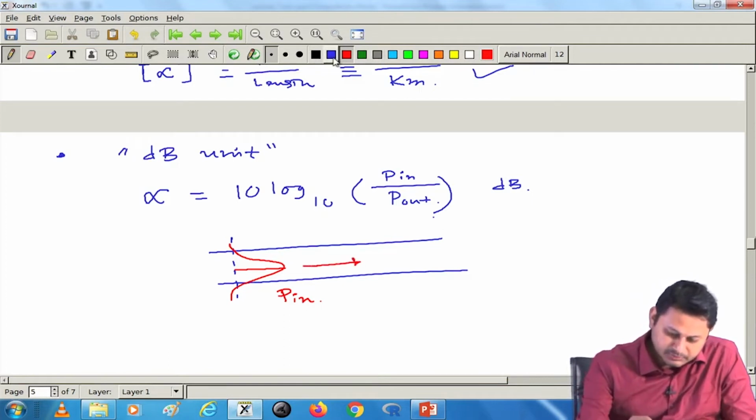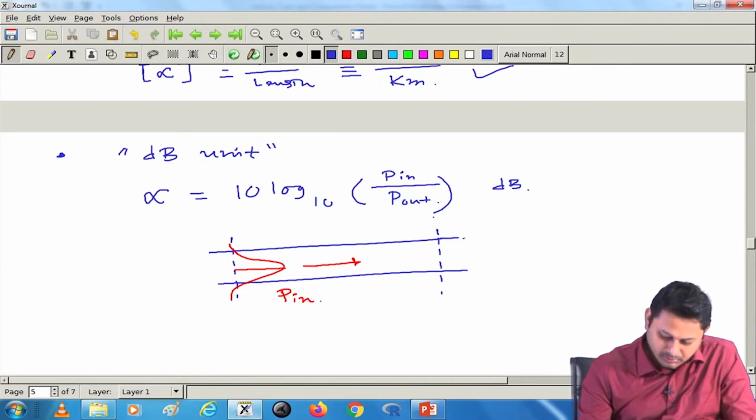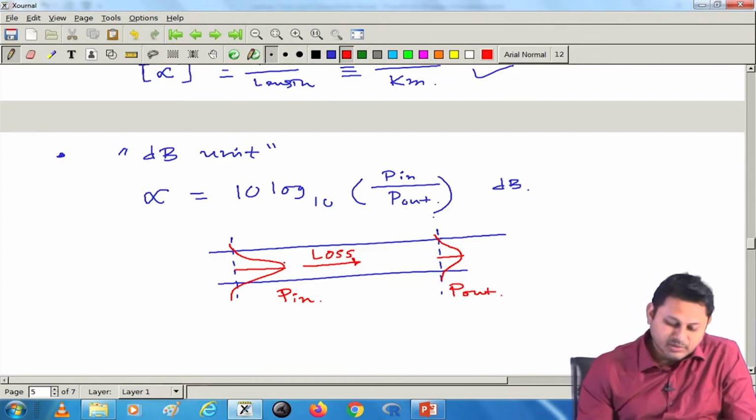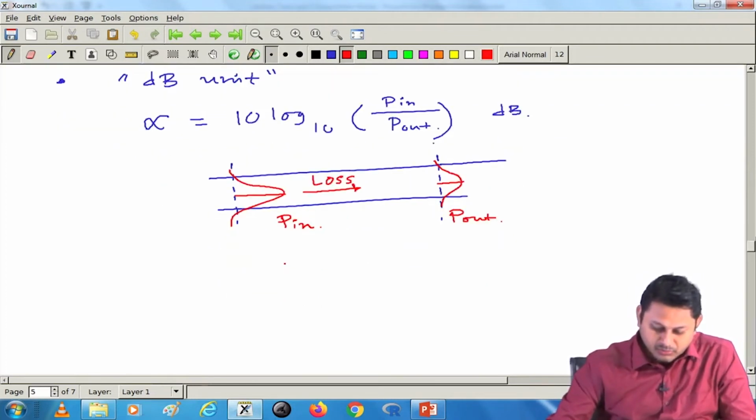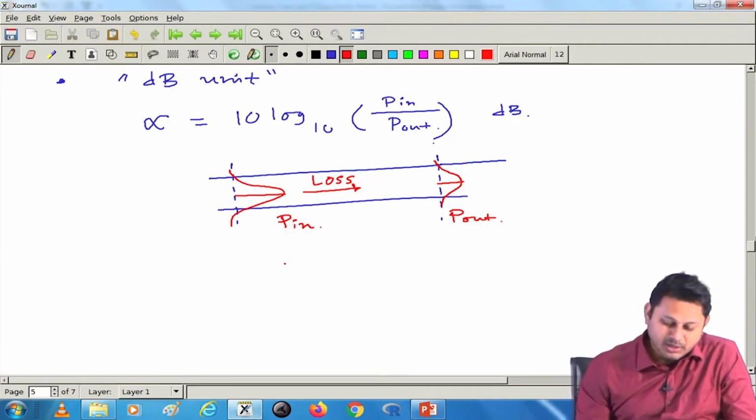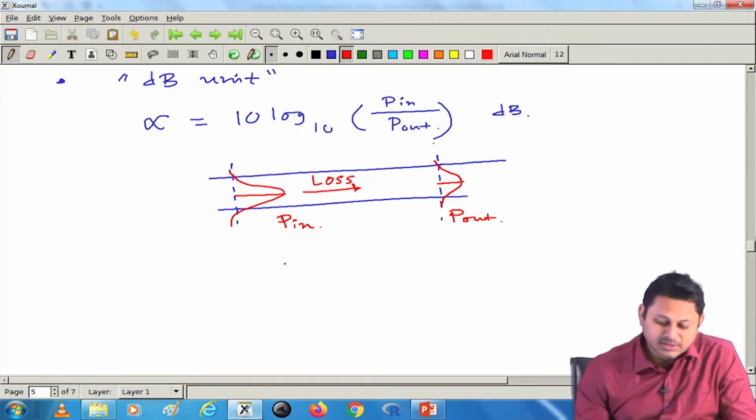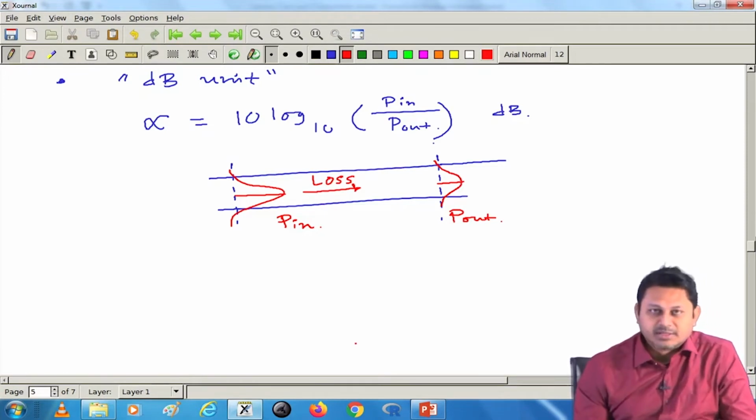On the output, the value of this amplitude is reduced because of the loss during the propagation. If I calculate these two input and output values and put them in the equation, then whatever loss I have, this value alpha will be termed as that dB amount of loss.